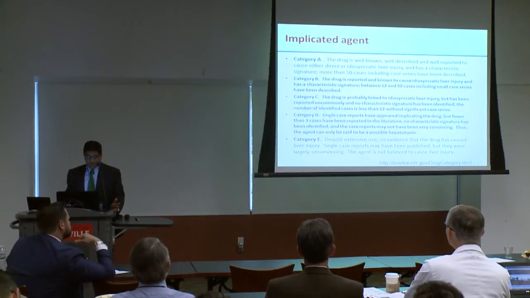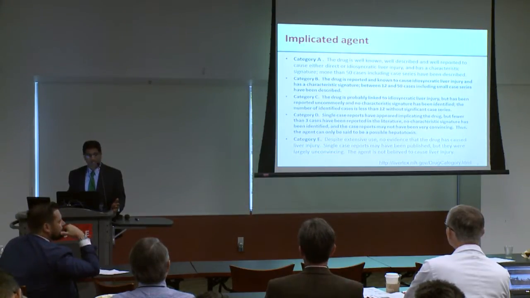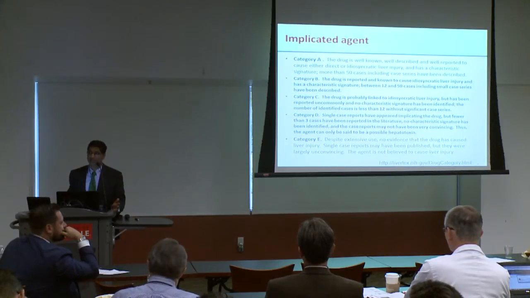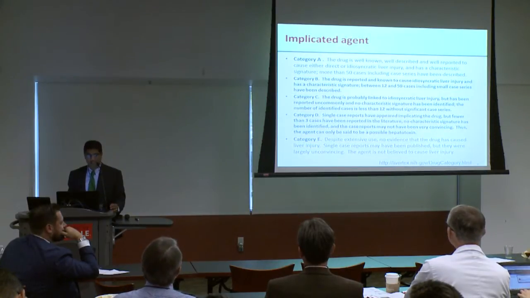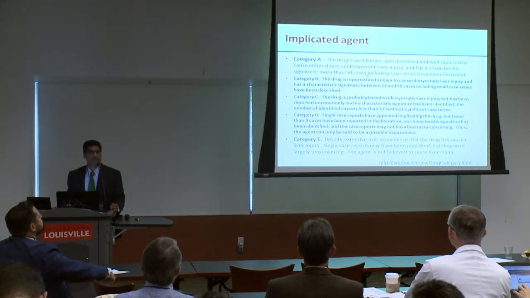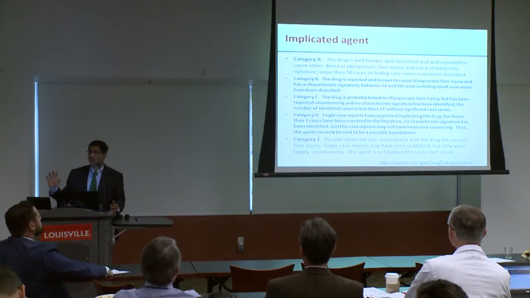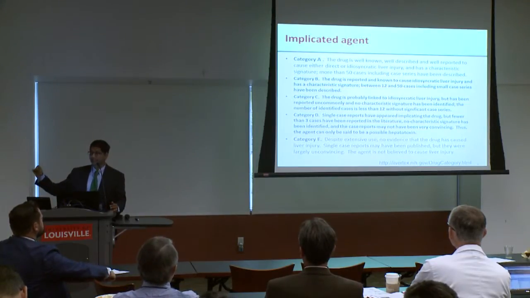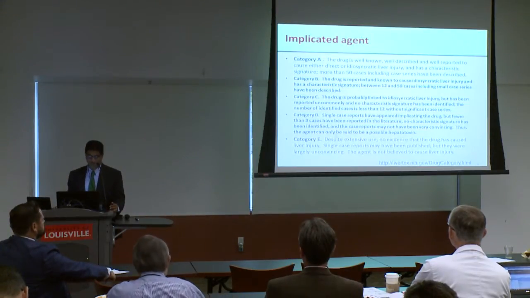If we go to LiverTox, they define an agent in different ways with regard to whether you think it's a hepatotoxin or not. Category A is a drug that is well known, well described, well reported to cause either direct or idiosyncratic liver injury. It has a characteristic signature, and more than 50 cases, including case series, have been described. So there is good confidence if you are implicating this agent as the cause for liver injury.